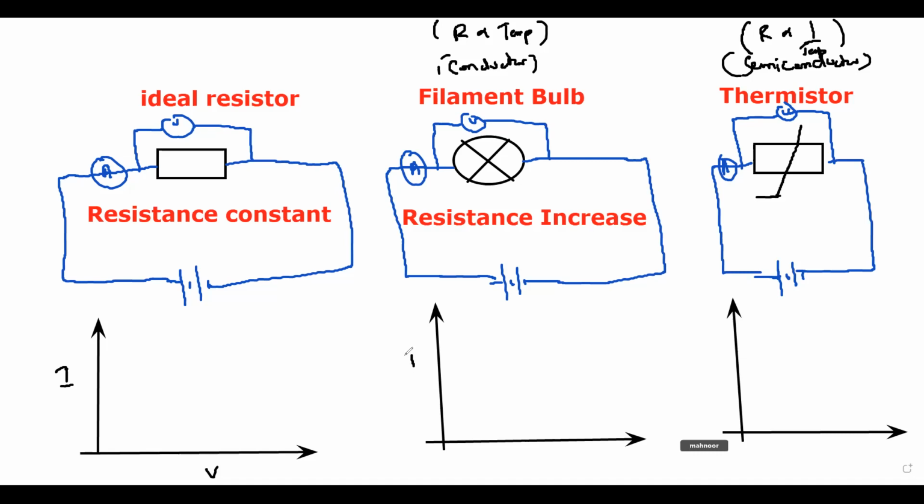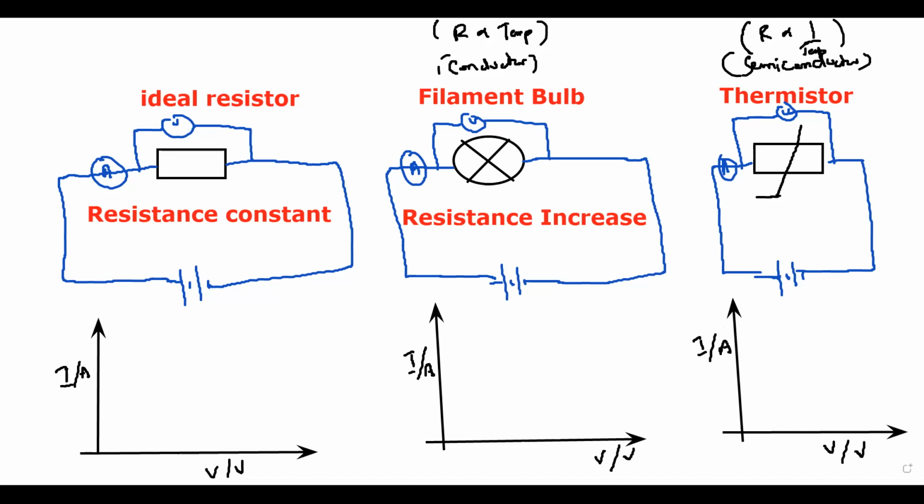We have current on y-axis and voltage on x-axis for each graph. Current is in ampere and voltage is in volts. Whenever you label the axis, always write the quantity and the unit of the quantity.